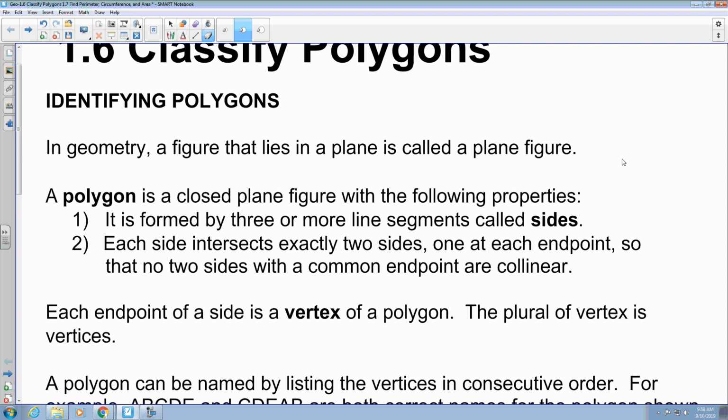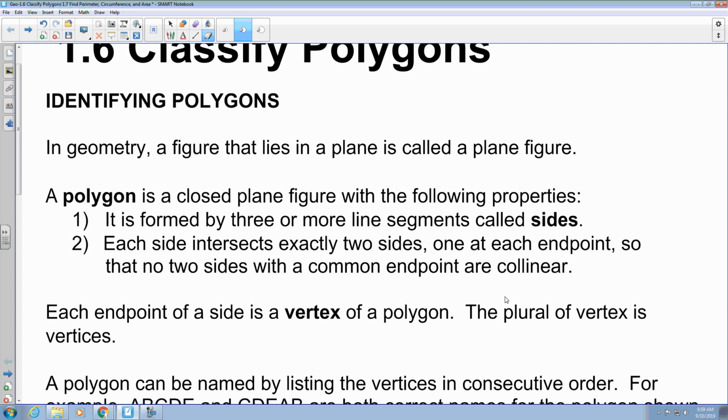First, it is formed by three or more line segments, which are called sides. So anything that has three or more line segments are called sides. And each side intersects exactly two sides at each endpoint, so that no two sides with common endpoints are collinear.